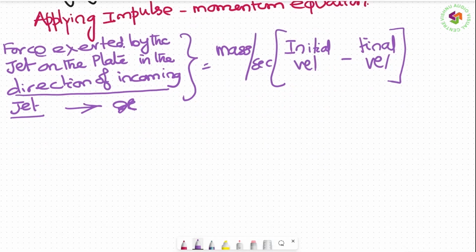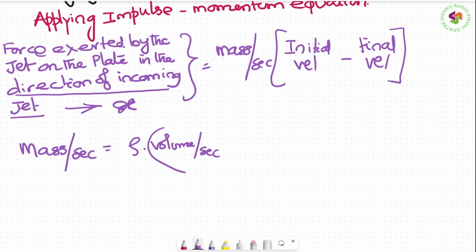One, we have to determine this force. So the left hand side is unknown, which we have to find using the known quantities on the right hand side. So first, what is mass per second? Mass divided by volume is equal to density, so mass is equal to rho into volume. So mass per second is equal to rho into volume per second.